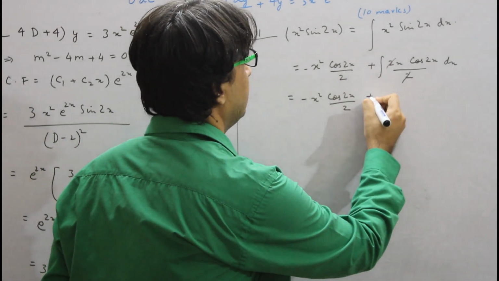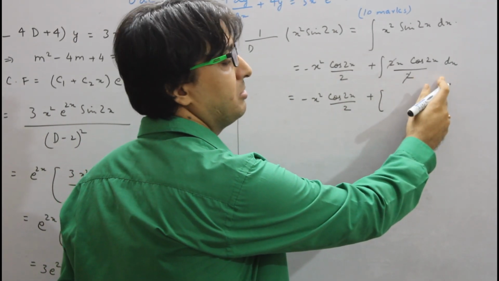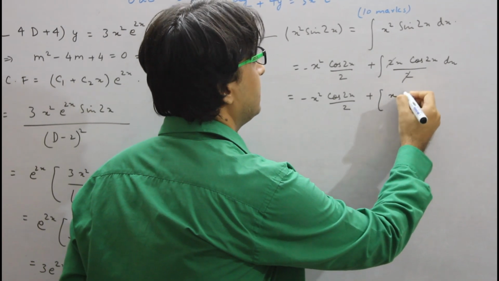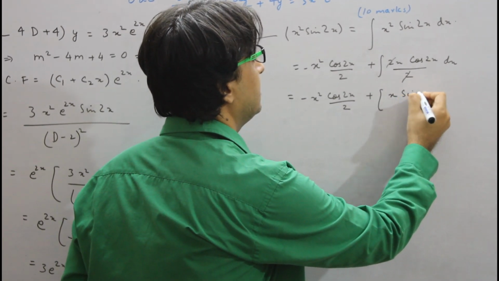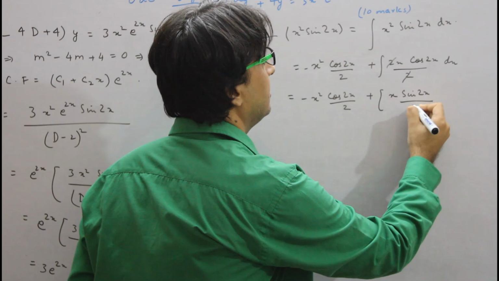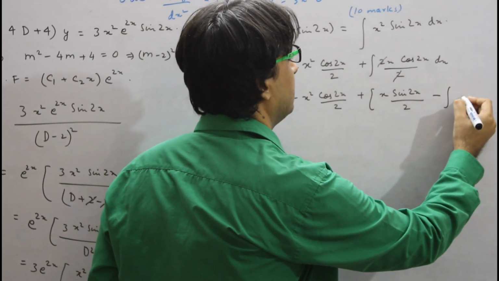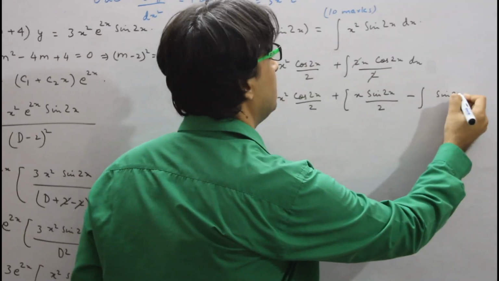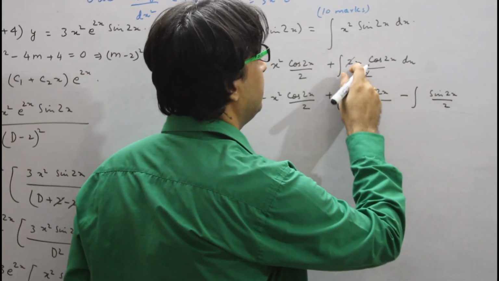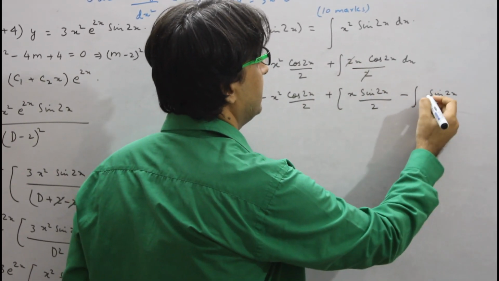Plus, again we will use integration by parts. We are going to keep x constant, and this integral is sin 2x by 2 minus the integration of again sin 2x by 2, and differentiation of x is 1.